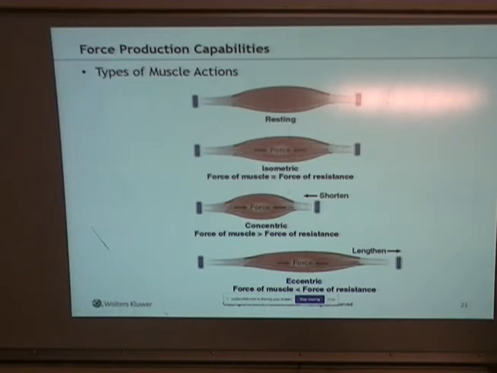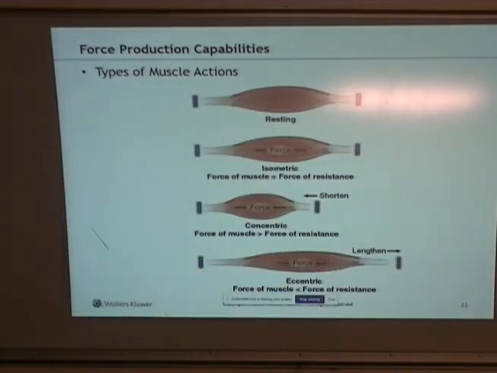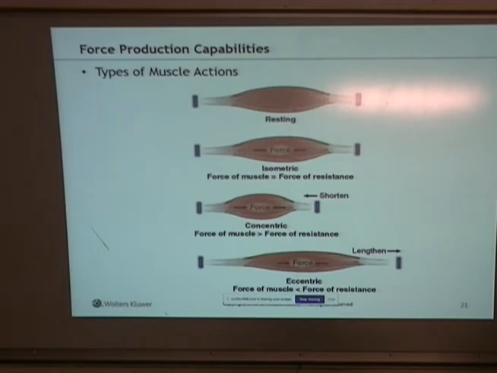All right, so what kind of actions do we see occurring in the muscle tissue? We want to look at the length of the muscle at any time. It's attached at either end to bone, right?